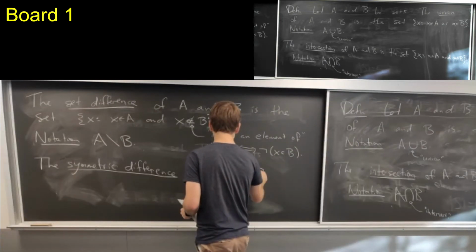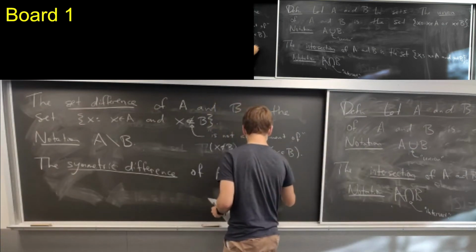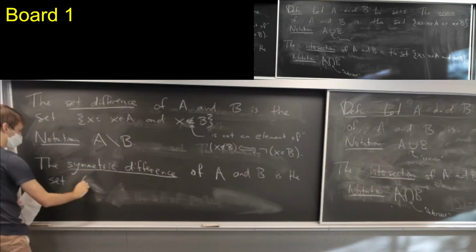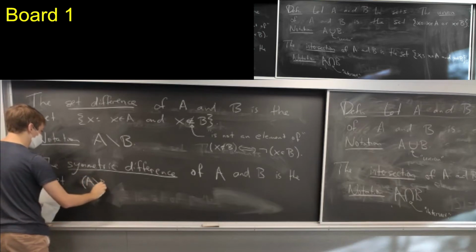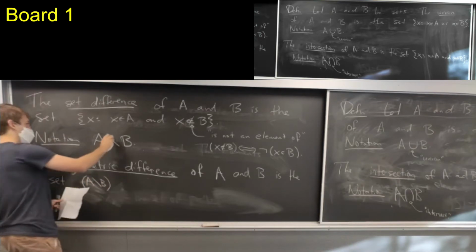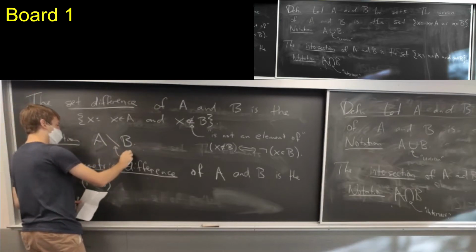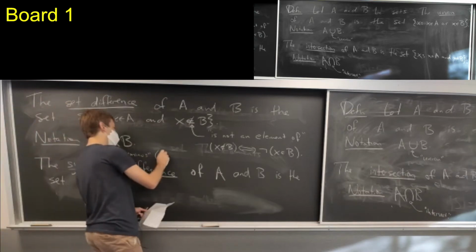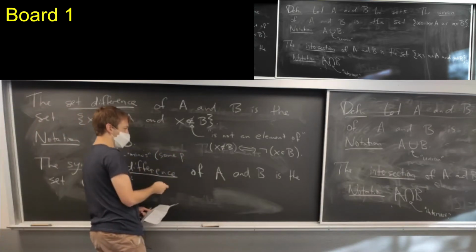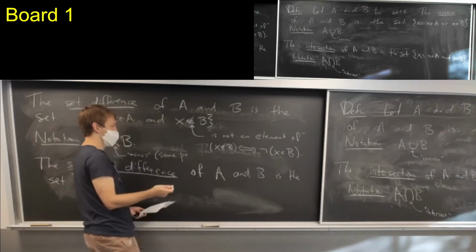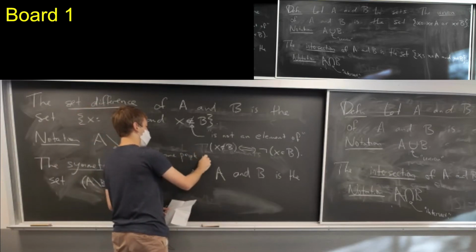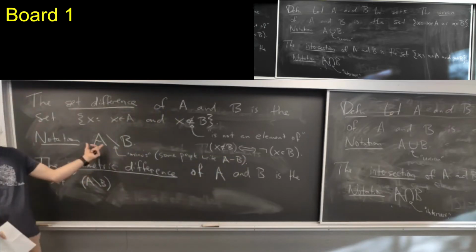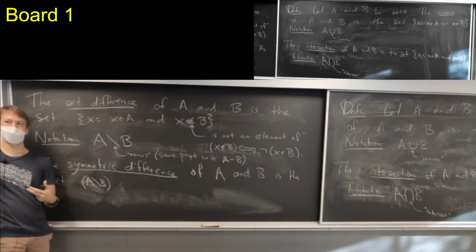Okay, so the symmetric difference of A and B is the set. Well, we can write this using our previous notation. I can write the symmetric difference as A minus B. I should also say that some mathematicians, in certain textbooks, instead of writing the backslash, will literally write A minus B with a minus sign.